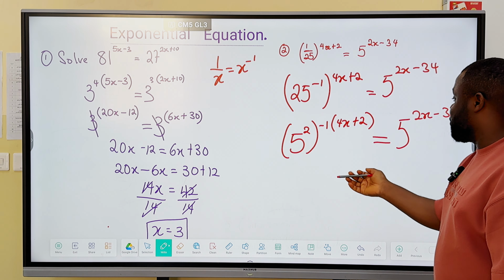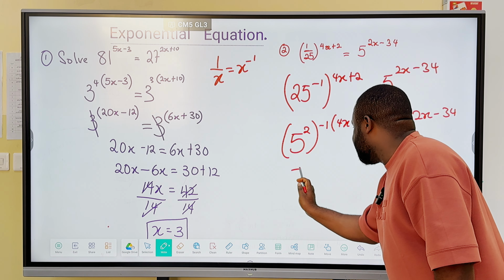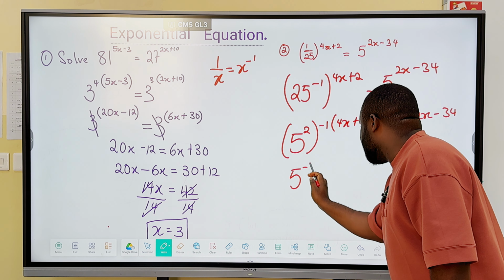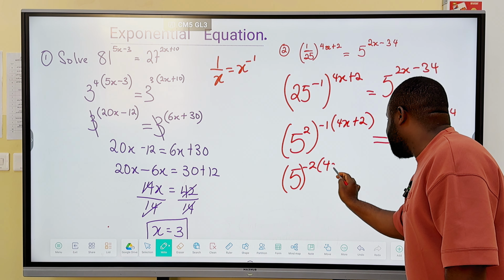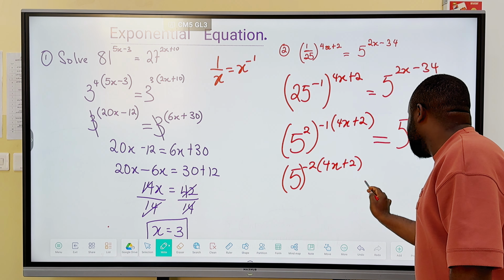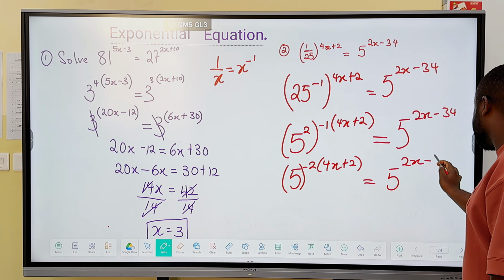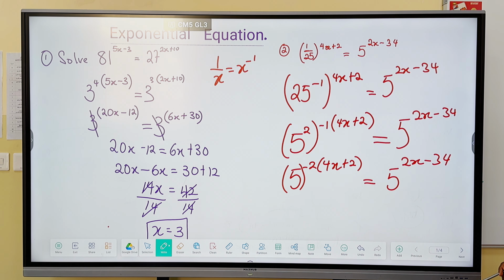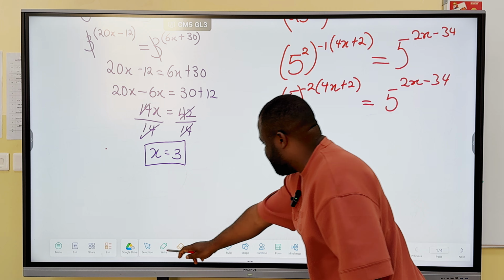So with this it will be easy for you. You can use this 2 to multiply negative 1, so you have 5 power negative 2. Let me put it this way so you can see the difference: minus 4x plus 2 equals the same thing again, 2x minus 34. At this point, it becomes easy to simplify.